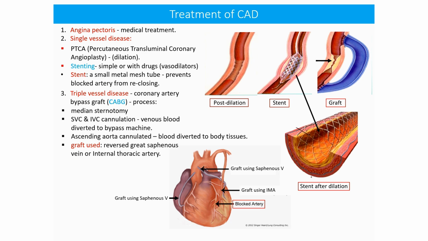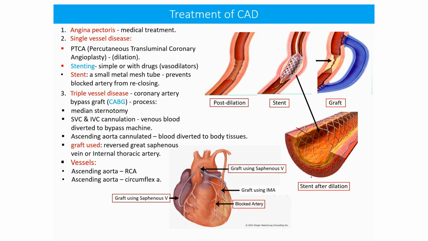For grafting, the vessels which are used are either the reversed great saphenous veins or internal thoracic arteries. Now, the vessels which are joined or connected through the graft are: number one, ascending aorta with the right coronary artery for blockade of the right coronary.